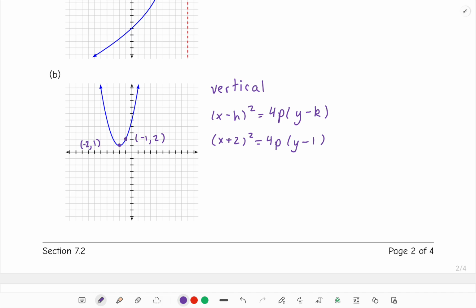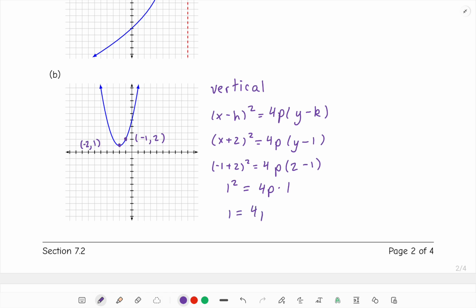Now, in order to find p, you have to plug in your second point. So -1 in for x, 2 in for y, and solve. So we get 1 squared equals 4p times 1.